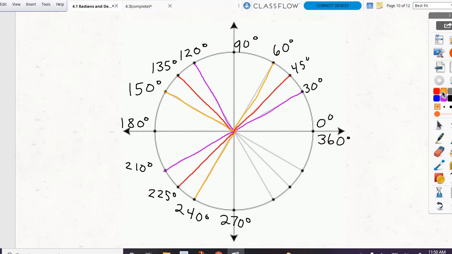So what do we get for our first one? 300. And then 315. And then 330.